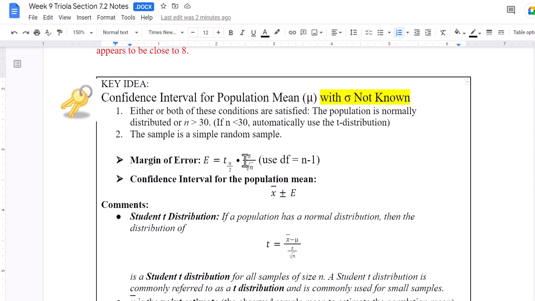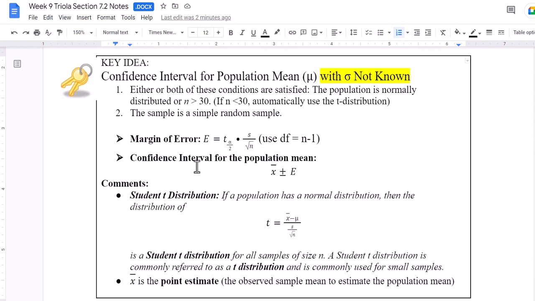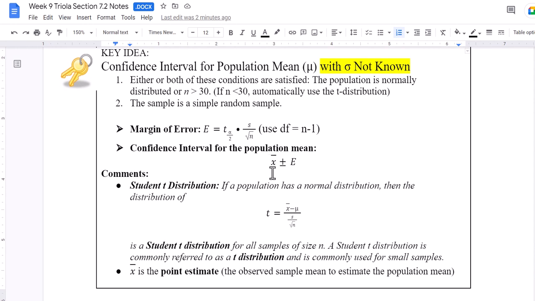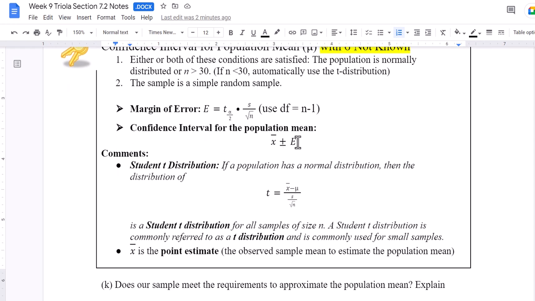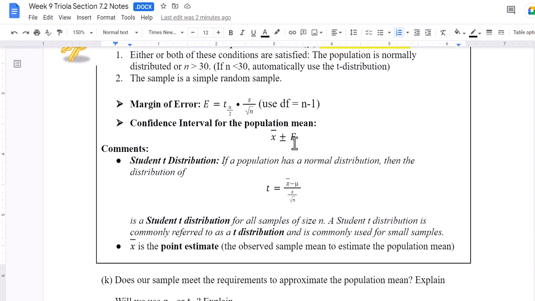If my sample had 41, I would account for 40 data values. It's almost like throwing out one data point just to adjust for variability. So that's what's going on here. And then the confidence interval is your point estimate, which is x bar, plus or minus the error. The error formula is given up here.